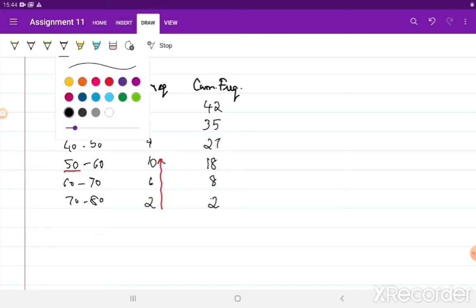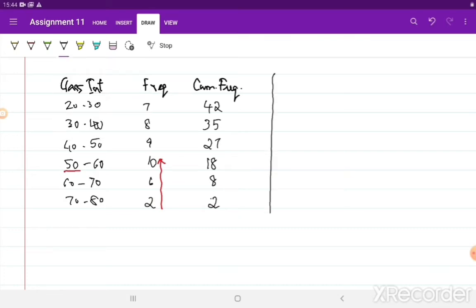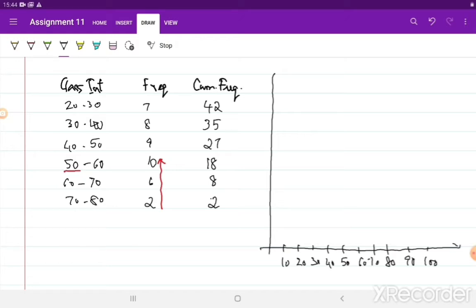So that's 10, 20, 30, 40, 50, 60, 70, 80, 90. Remember to keep them spaced equally. Label the axis.